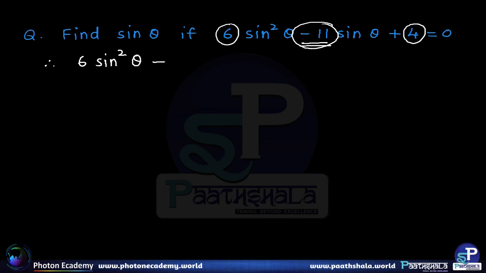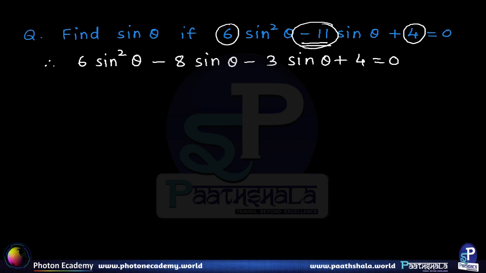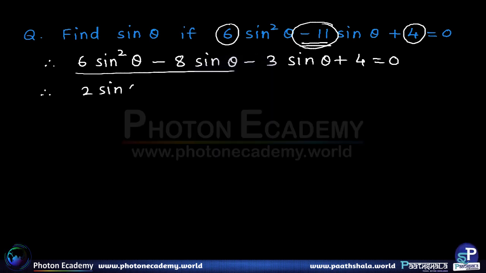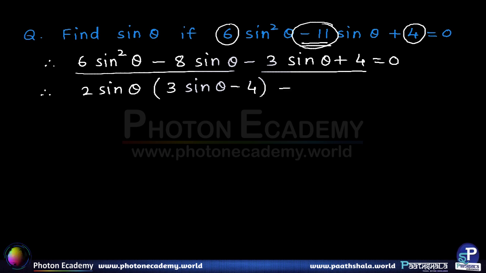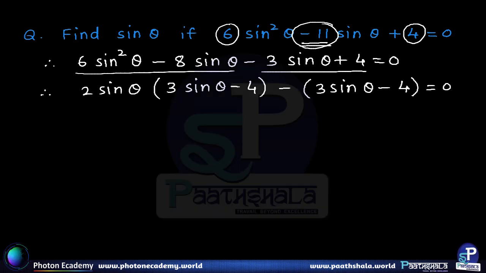So we write that as minus 8 sine theta minus 3 sine theta plus 4 equal to 0. From the first two we take 2 sine theta common, and we have 3 sine theta minus 4. And from the other two terms we take just minus sign common, and in the bracket we write once again 3 sine theta minus 4 equal to 0.